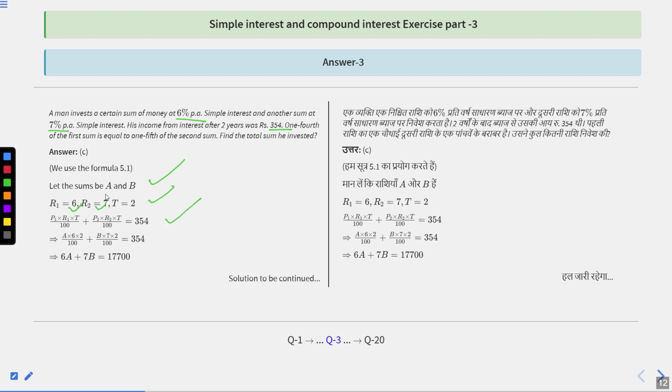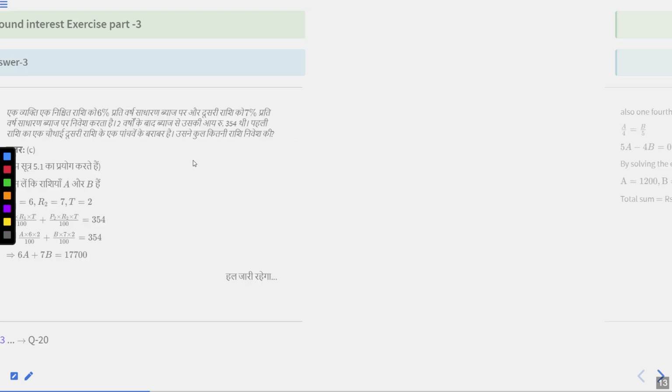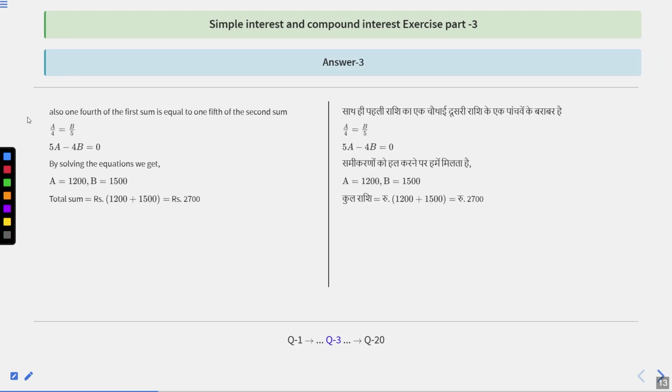P1 equals A. So A into 6 into 2 upon 100 plus B into 7 into 2 upon 100 is equal to 354. So we get one equation: 6A plus 7B equals 17,700. Solution to be continued. Now the question also says that 1/4 of the first sum is equal to 1/5 of the second sum.